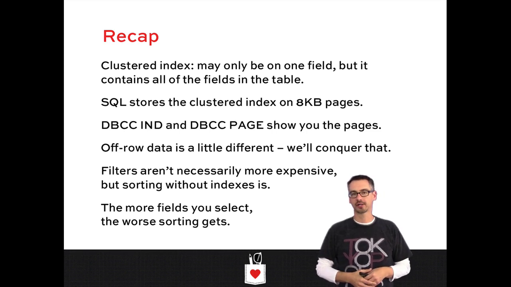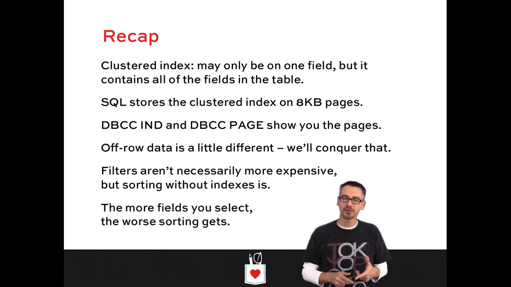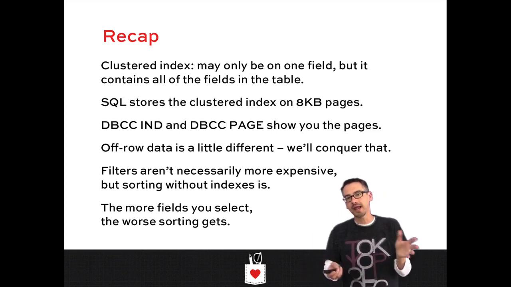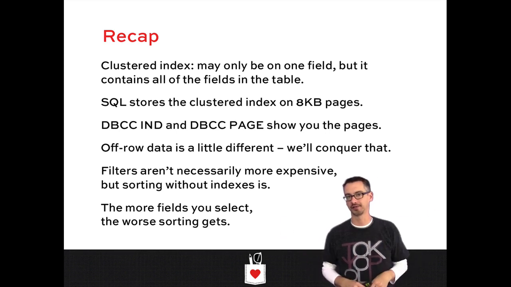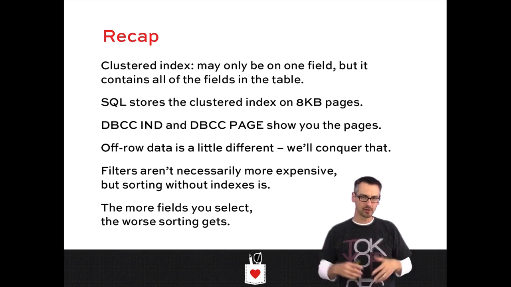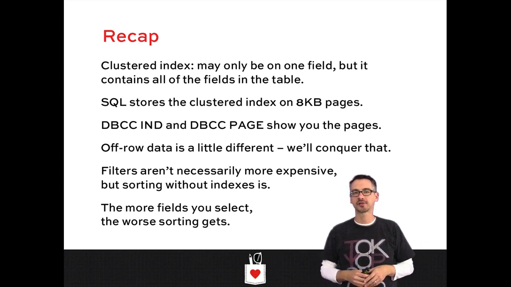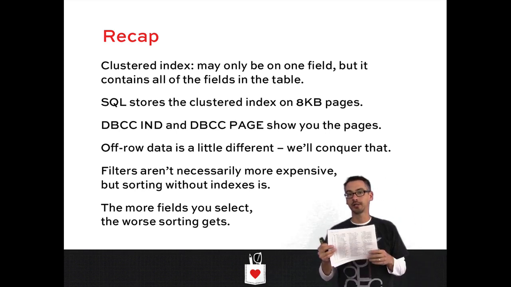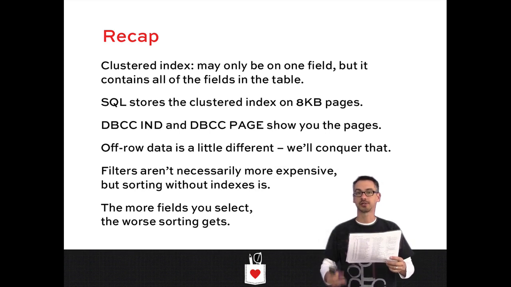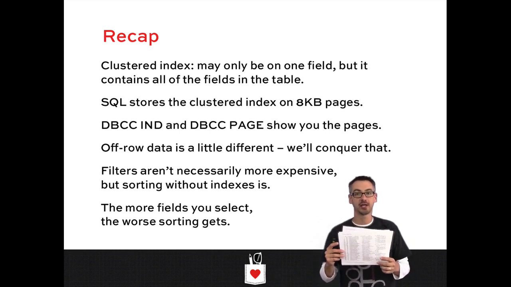So let's recap what we've talked about here in this first module. First off, the clustered index, it may only be on one or two fields, but it has all of the fields in the table. In later modules, we're going to talk about non-clustered indexes and how you pick and choose the right fields for those. SQL Server stores not only just our clustered indexes, but our non-clustered indexes as well on 8K pages.